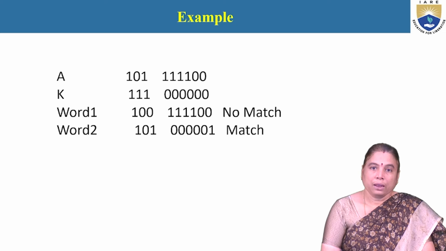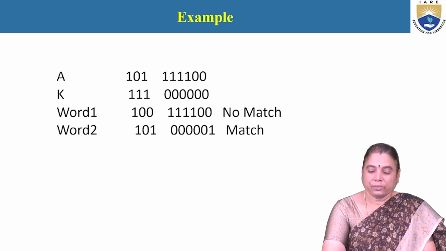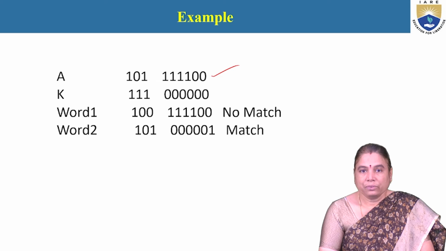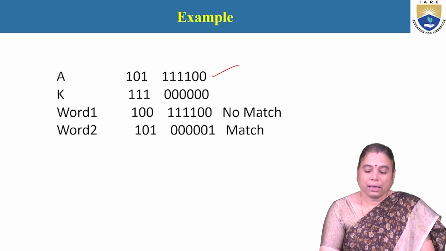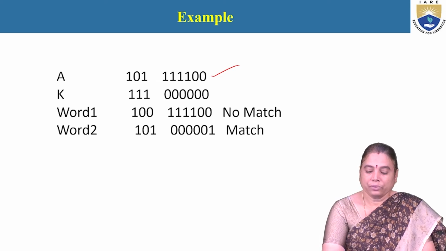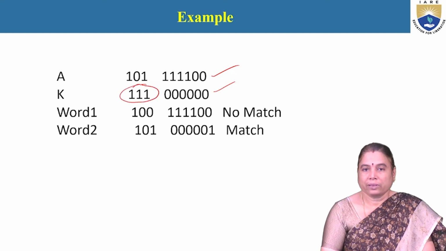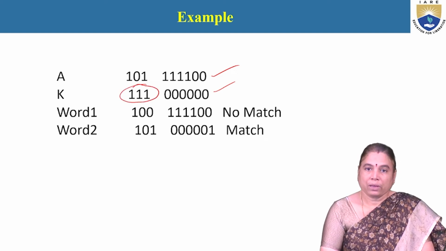So for example, if the argument register contains the value 1014100 and K is 111000000, where K is 1, those locations can be used to compare. Why? Because K provides the mask for the searching operation.